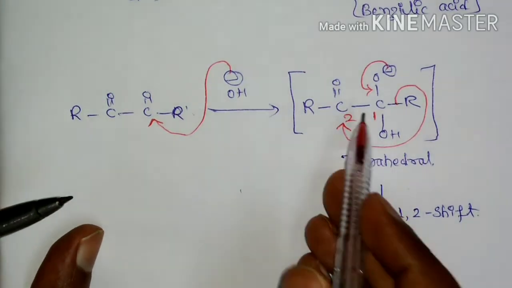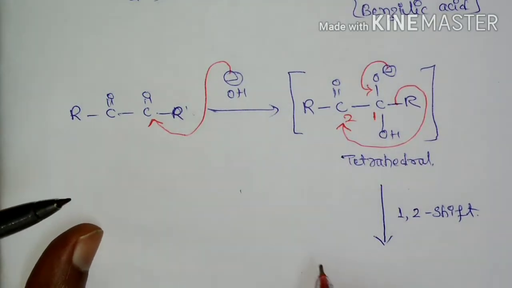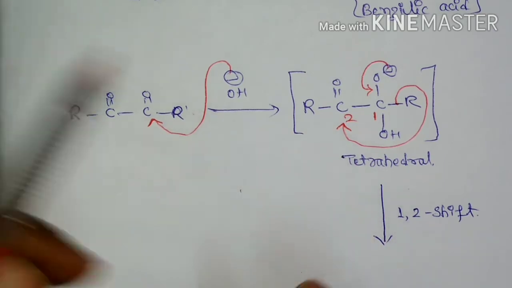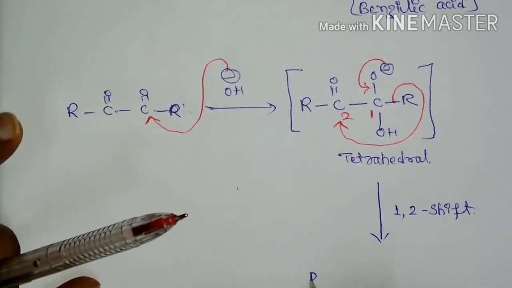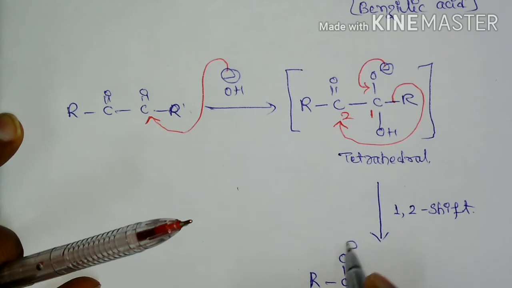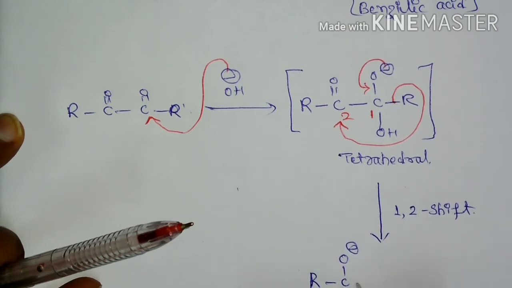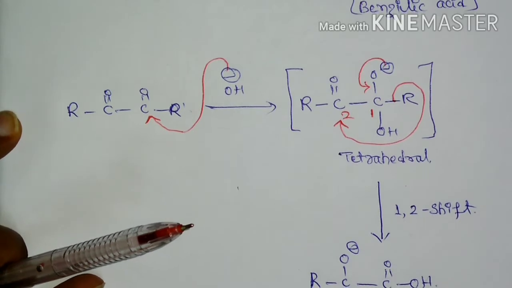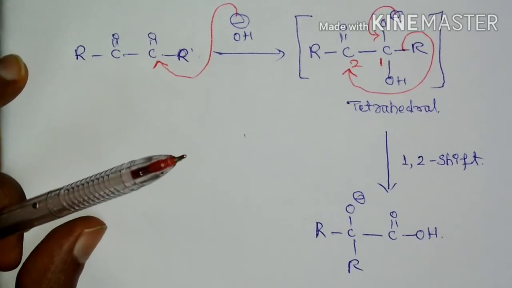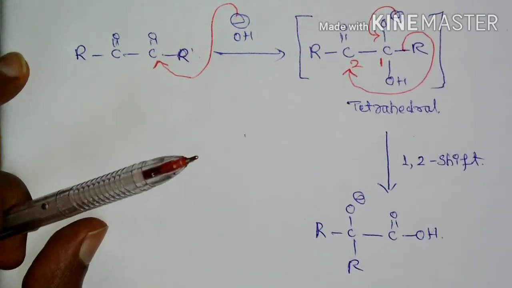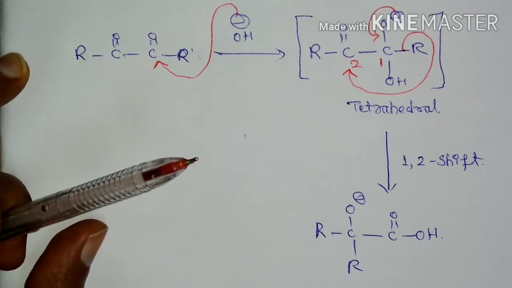That is called a 1,2 shift, and it is going to form CO minus, R C double bond O OH. So this is the salt form.